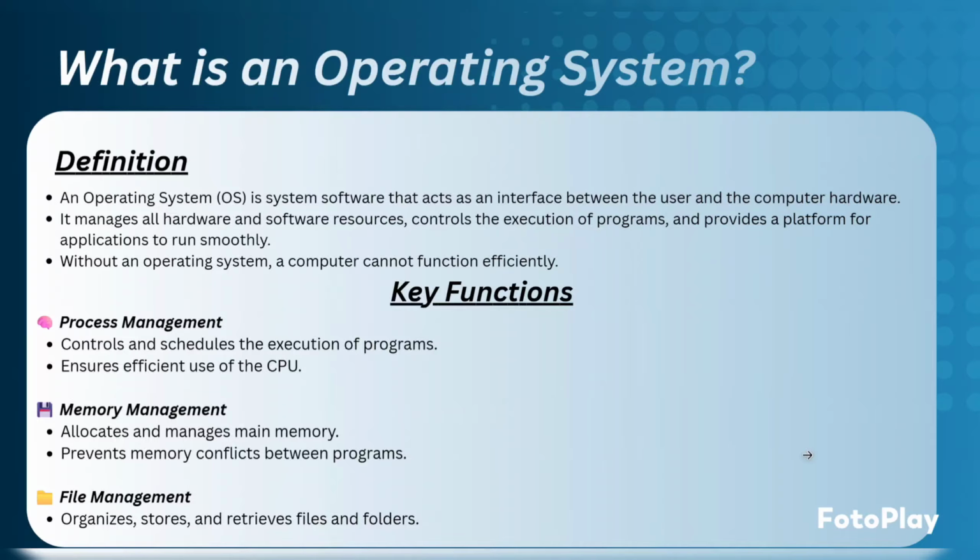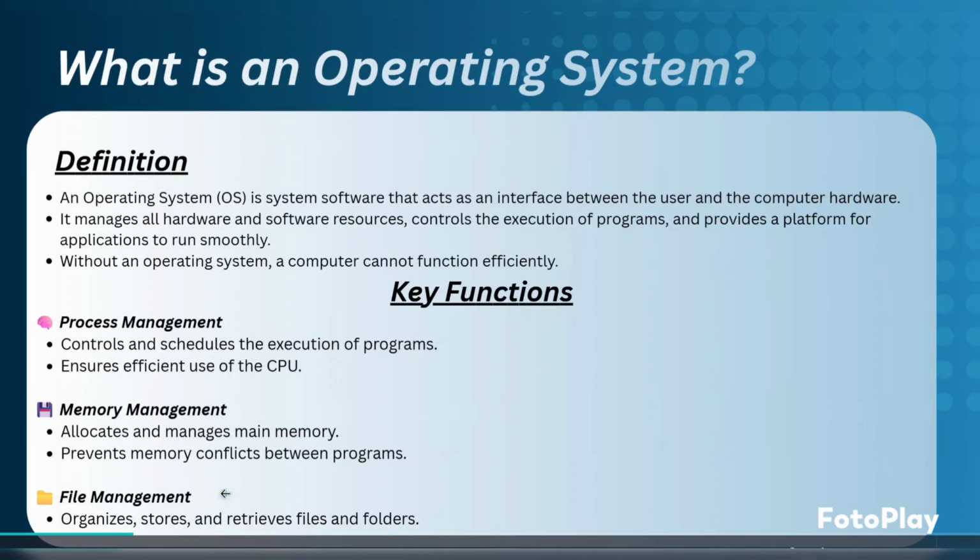It performs several important functions. First function is process management, where it decides which program should use the CPU and when. The second main function is memory management, where it allocates memory to different applications.